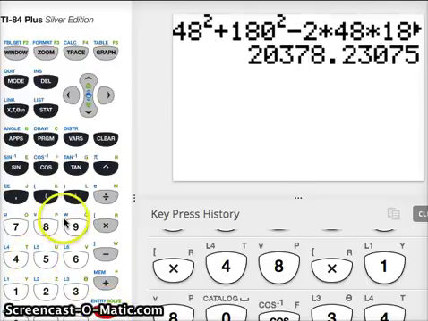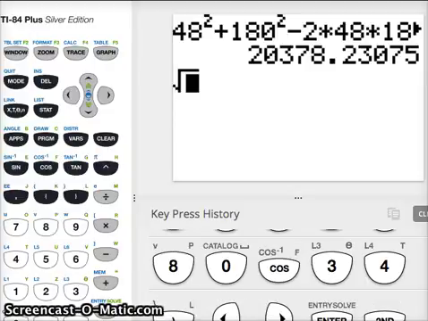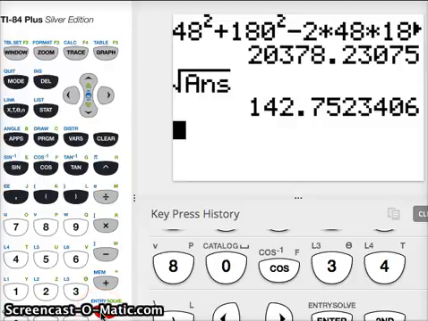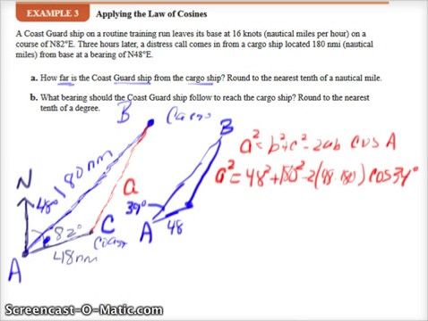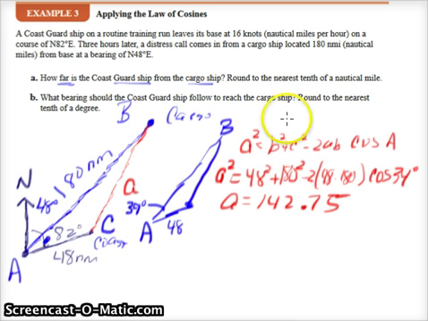Now I have to find the square root of that. 142.75. So a is equal to 142.75. Okay, that is the answer to A.